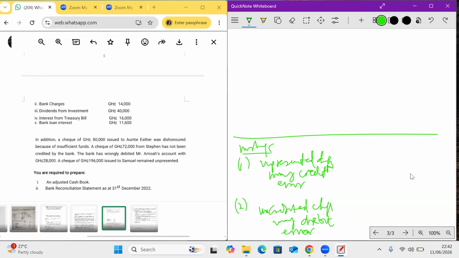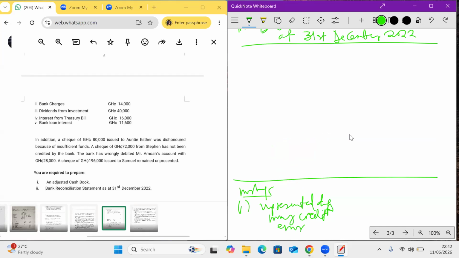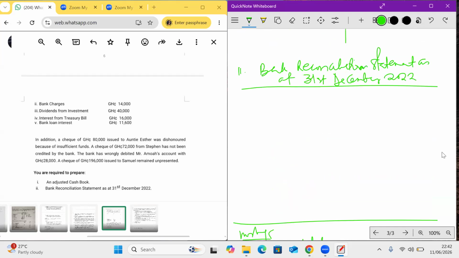I'm getting it. So what do you write when you come to the bank reconciliation statements? You write the balance, Madam, and bring your currency signs. Balance as per what?